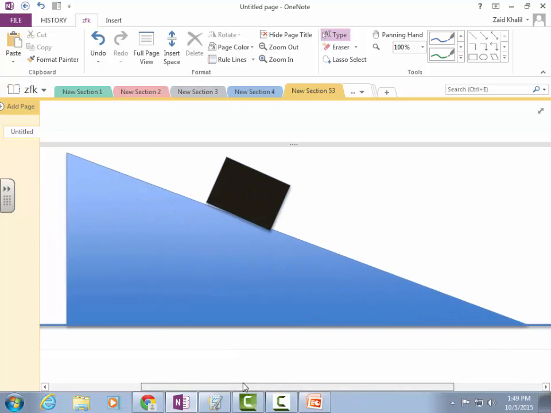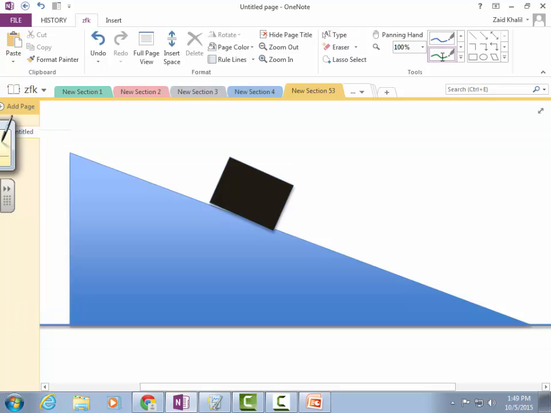Okay, so I'm going to call this body 1. This body 2. And this body 3. Meaning the floor is 3. Notice by doing this, what am I really doing? Allowing myself to be able to write 1 on 2, 2 on 3, and so on and so forth.